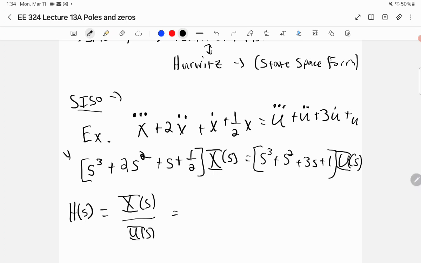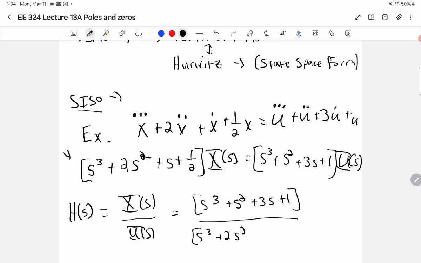So we have this. Okay, so that is our transfer function.